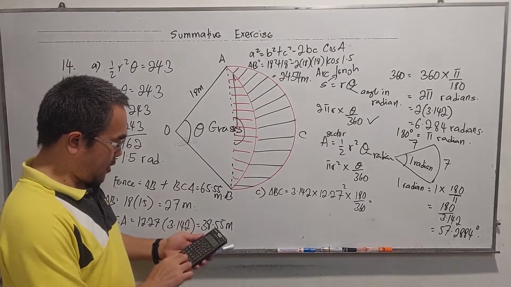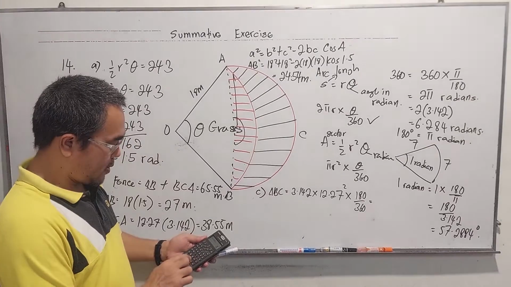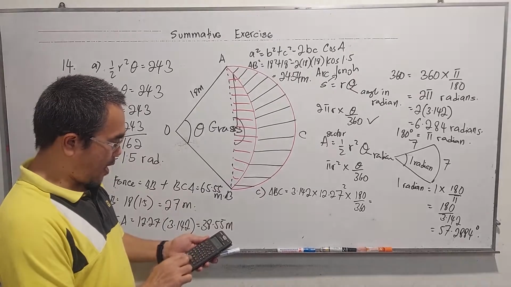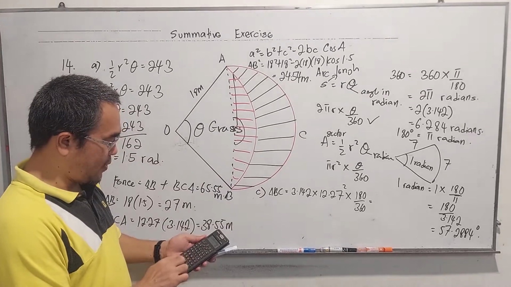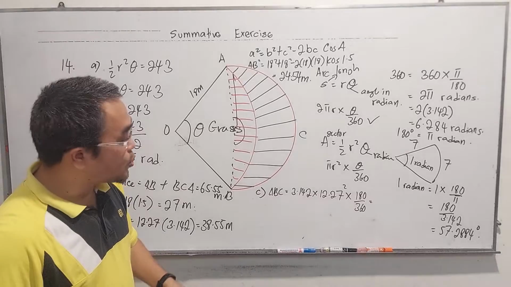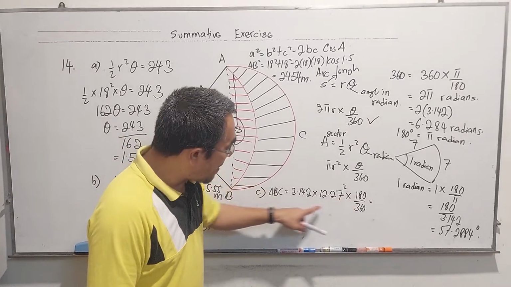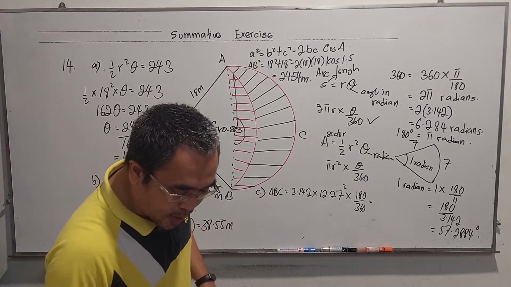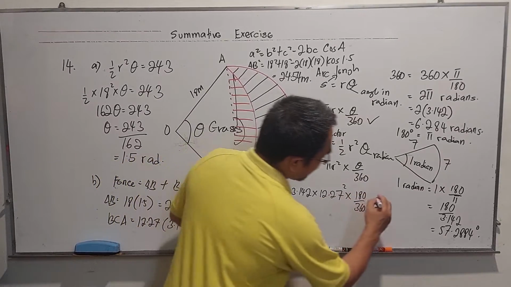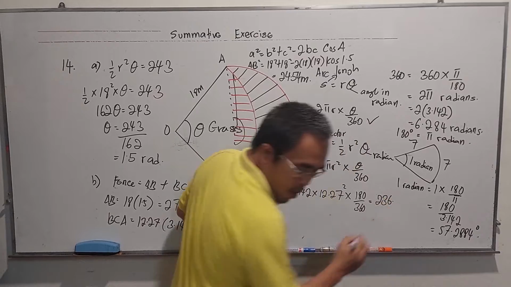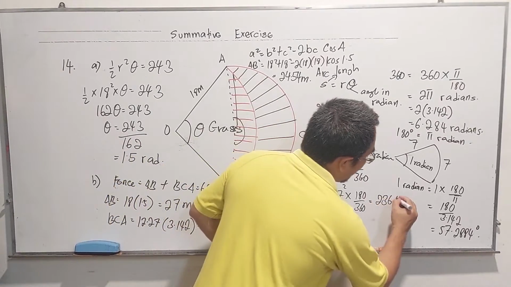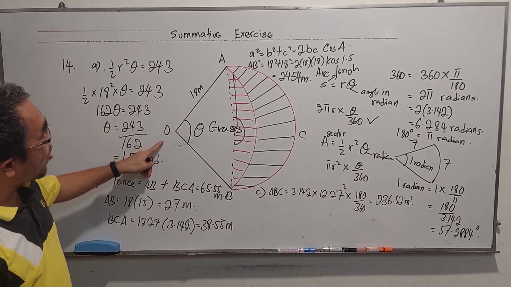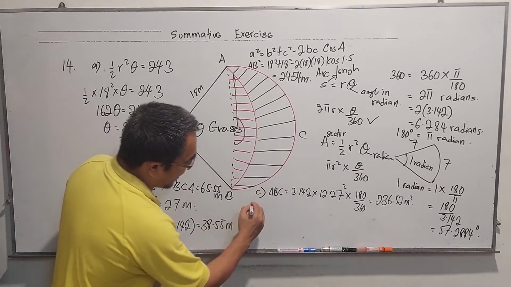So it is 3.142 times 12.27 squared times 180 over 360, or you could instead just divide by 2. It's the same answer. So here you get 236.52 meters squared.